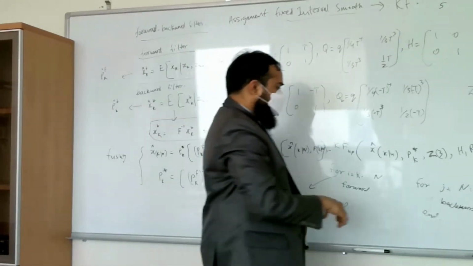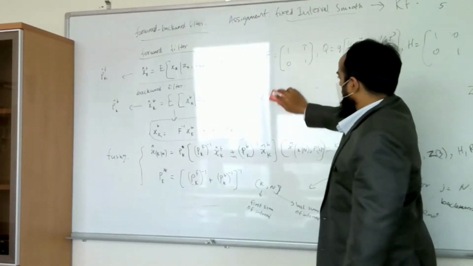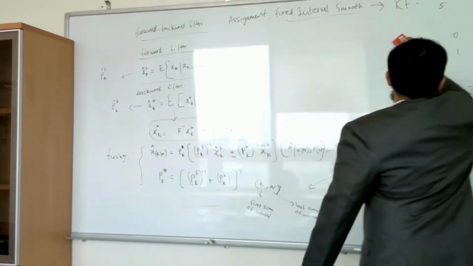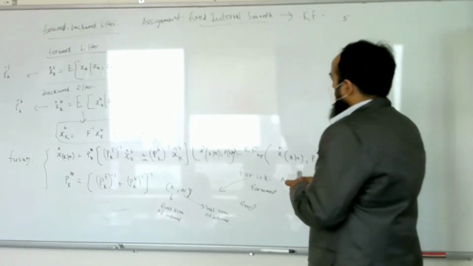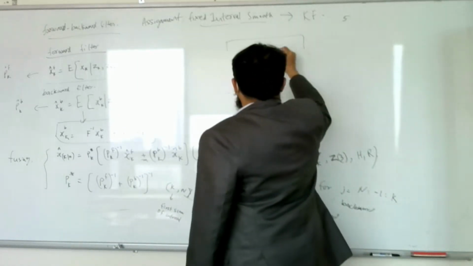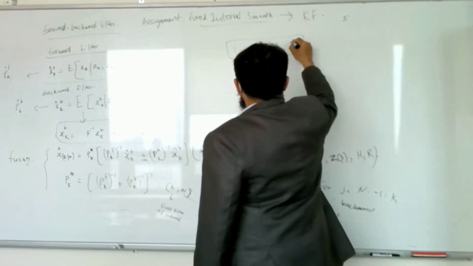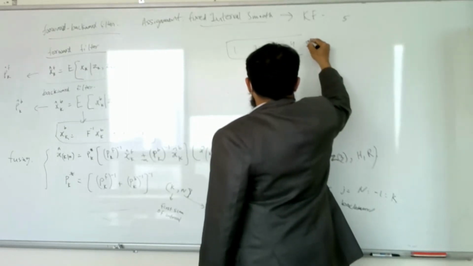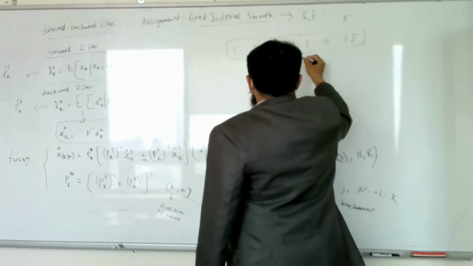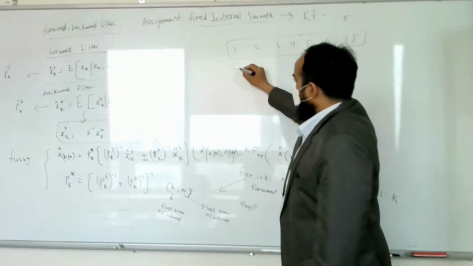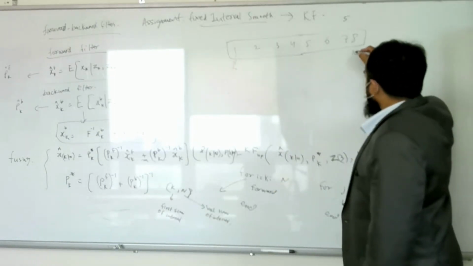Okay, for example, one, two, three, four, five, six, seven, eight. In this case, your K is 1. This is K, the first scan. And your N is this one.